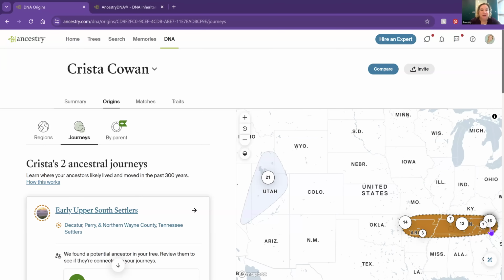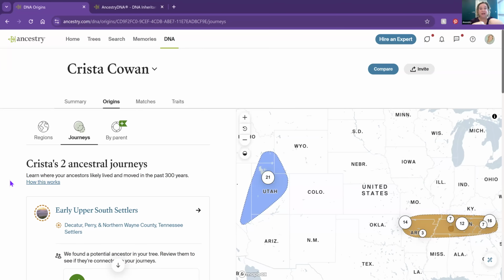And Ancestry has been able to identify thousands of these clusters of DNA matches, and we have been able to then label them as journeys that your ancestors took within the last 300 years.